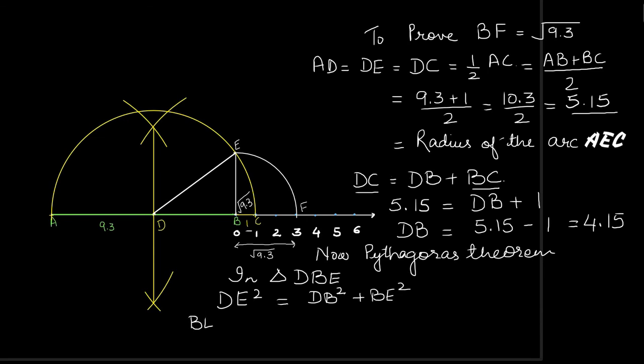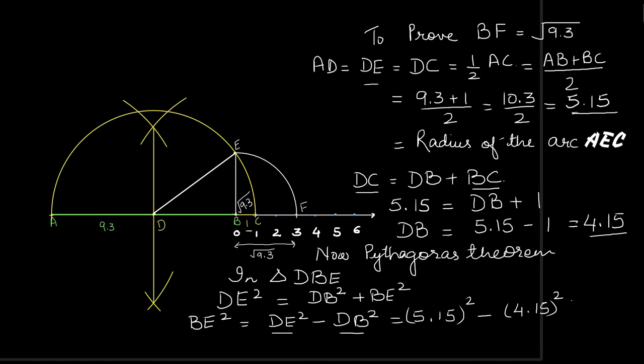So BE square is equal to DE square minus DB square. DE is equal to 5.15 and DB is equal to 4.15. Therefore, 5.15 whole square minus 4.15 whole square.